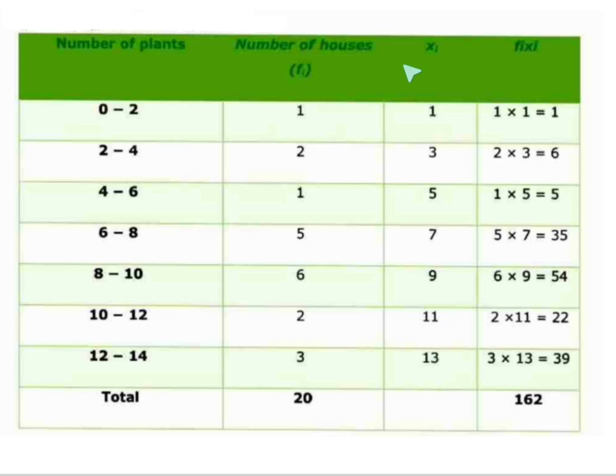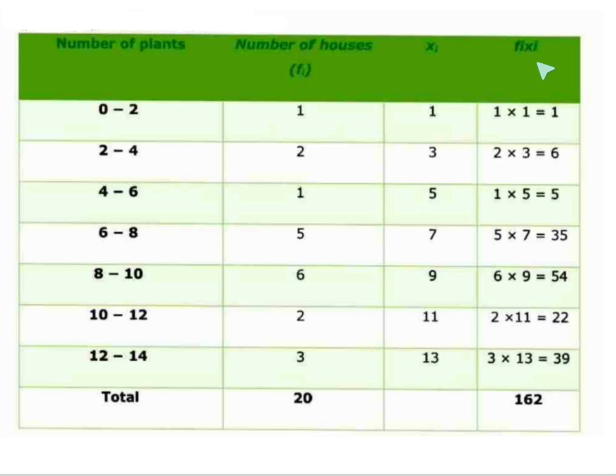So fi xi, the frequency into the midpoint: 1 into 1 is 1, 2 into 3 is 6, 1 into 5 is 5, 5 into 7 is 35, 6 into 9 is 54, 2 into 11 is 22, 3 into 13 is 39.